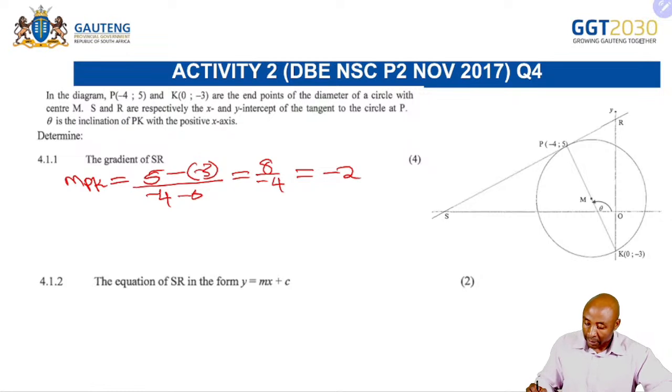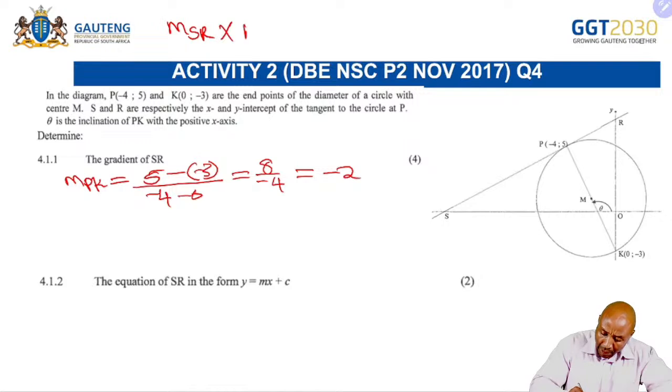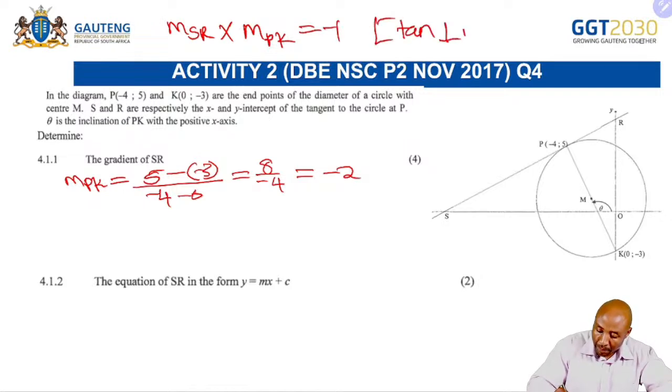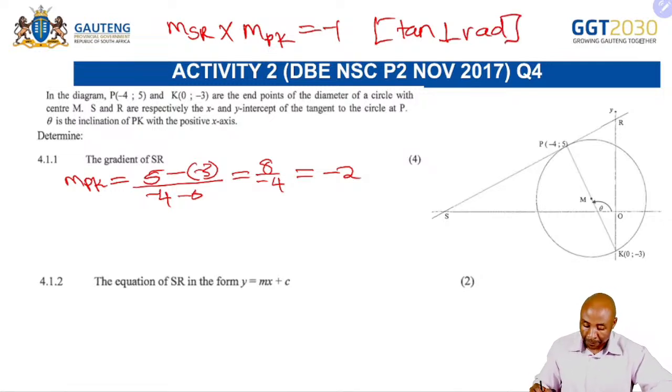So from there on, we are able to find the gradient of SR. We know that the gradient of SR multiplied by the gradient of PK should give us -1, because the tangent is perpendicular to the radius, as our reason.